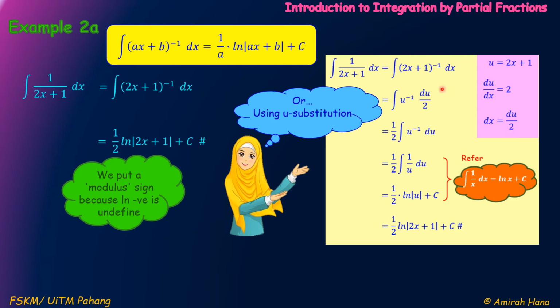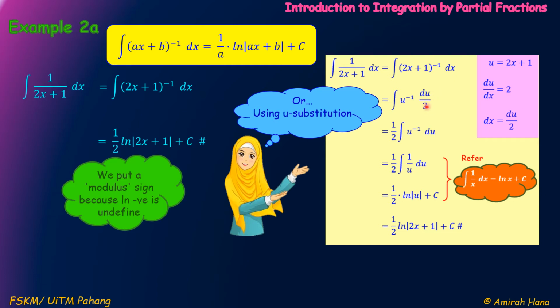After that, we substitute back into the function. Now we have the integration of u to the power of -1, replacing 2x + 1 with u, and replacing dx with du over 2.